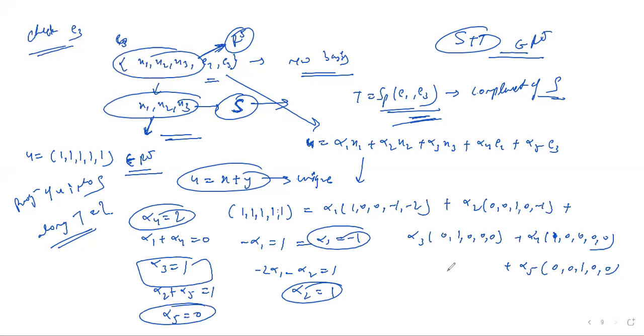So I have got all the values alpha 1 through alpha 5. What will be my u?